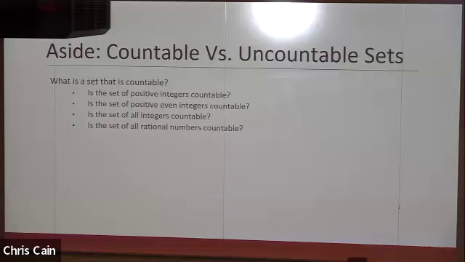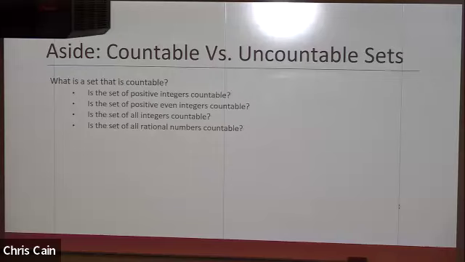Depends on how you do it. So how are you saying that we do that? So we could do something like 1/1, 1/2, 1/3, 1/4, 1/5. Will we ever hit 2/1? That's not saying it's impossible, because it is possible. The question is just how.